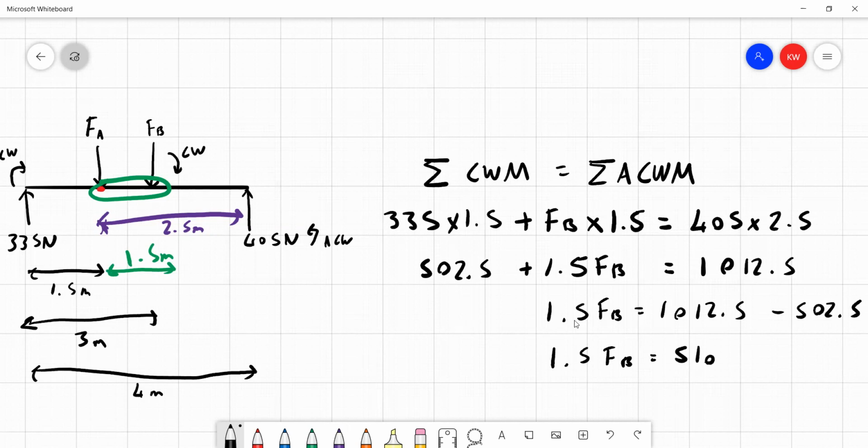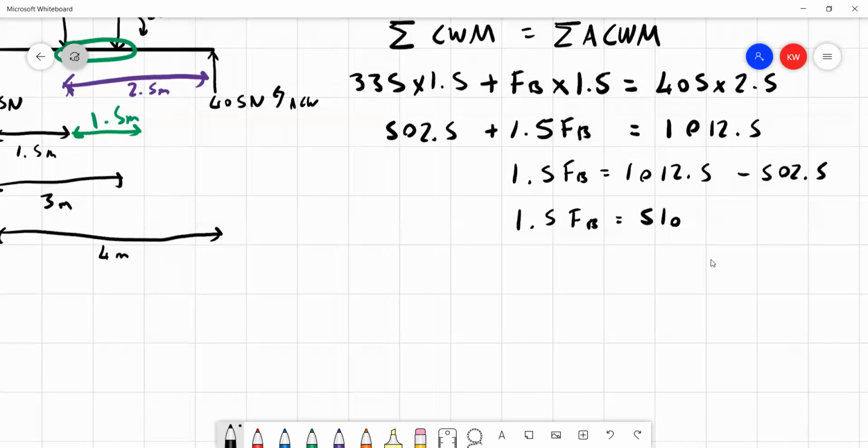And that means to find FB by itself, we divide both sides by 1.5. So 1.5 FB divided by 1.5 is FB, and that's equal to 510 divided by 1.5, which is 340 newtons.